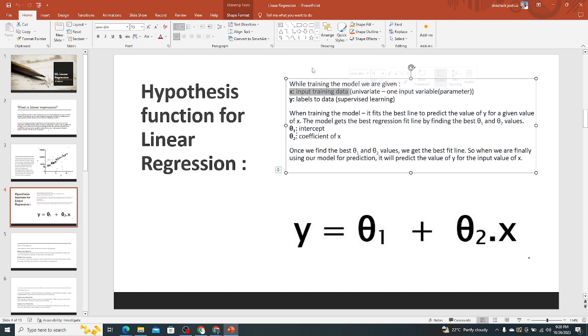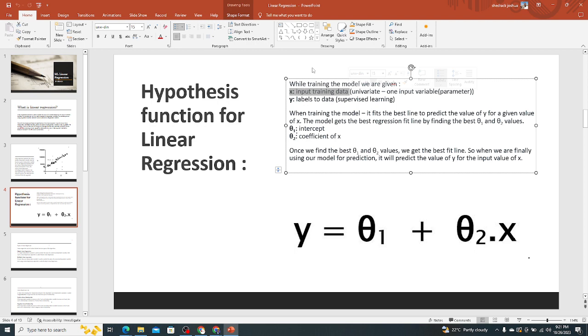So basically, simple linear regression is one of the simplest supervised machine learning methods. If you create a machine learning algorithm to classify a dog and a cat, that falls under simple supervised machine learning.